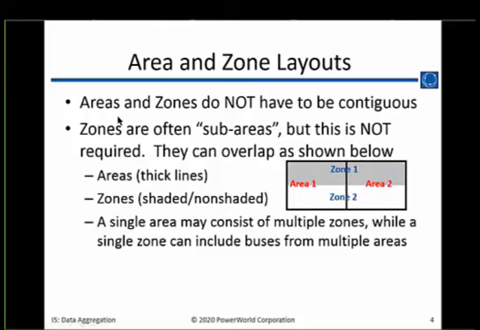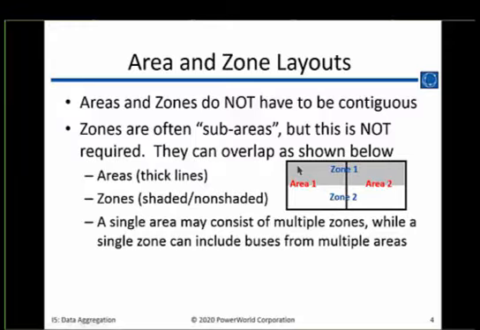And just another thing, it kind of depends. Different regions have different conventions for how they do these. Like sometimes zones serve as a sub area. So maybe you have different utilities in area northwest that all belong.